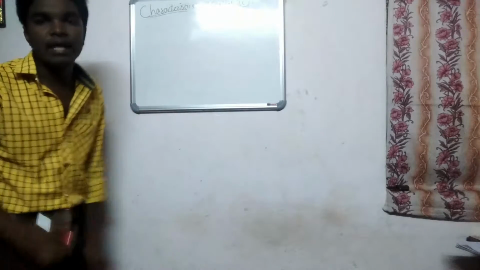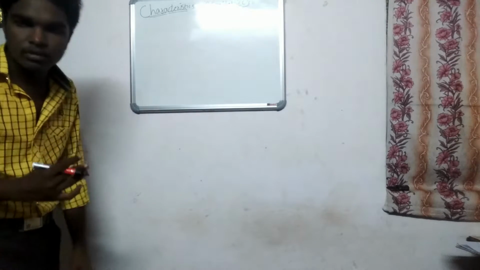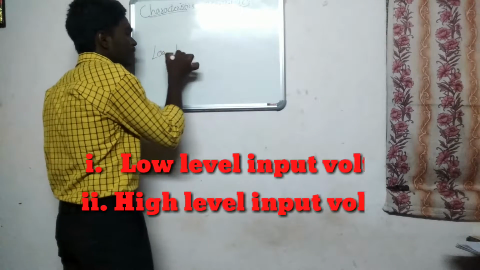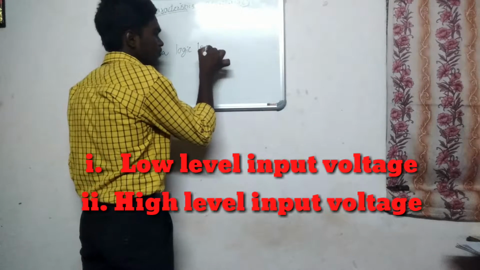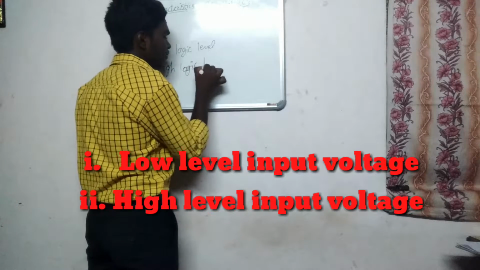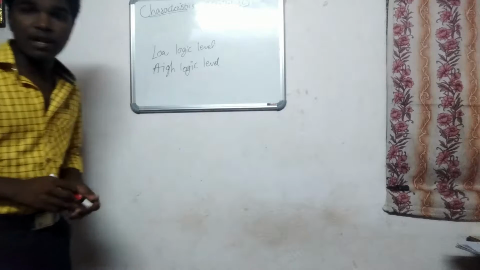Sixth one, input logic level. In case of any logic gate, the output of a logic gate depends upon the input given to it. The input is said to be logic 0 when a low voltage is given. In such cases, inputs are divided into two logic levels, that is low logic level and second one high logic level.